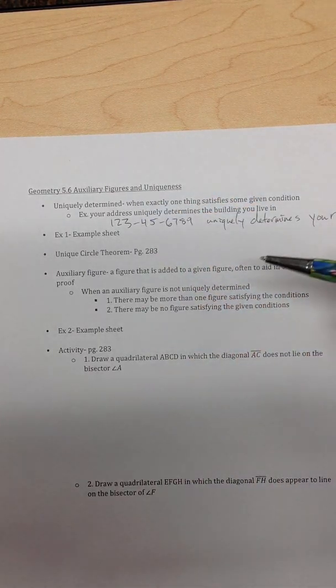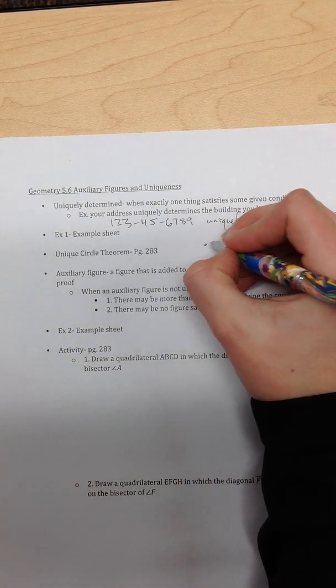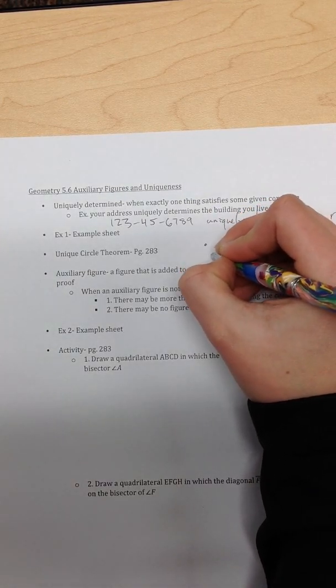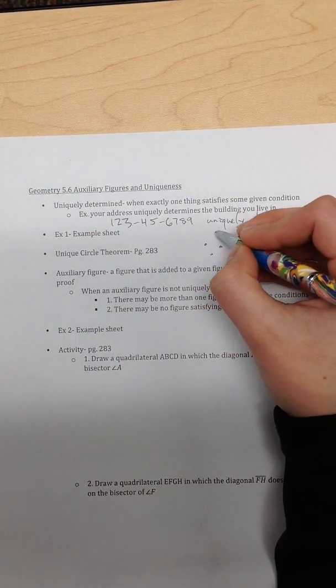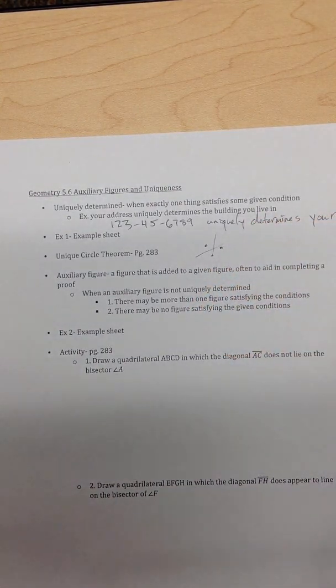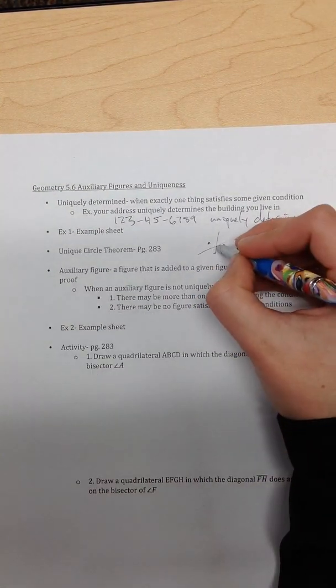We just did example 1, so our next thing here is the unique circle theorem on page 283. If you look at that, it says there's exactly one circle, a unique circle, through 3 given non-collinear points. This is actually what we did in the last section, where we had 3 points and made the perpendicular bisectors between 2 sets of those points.